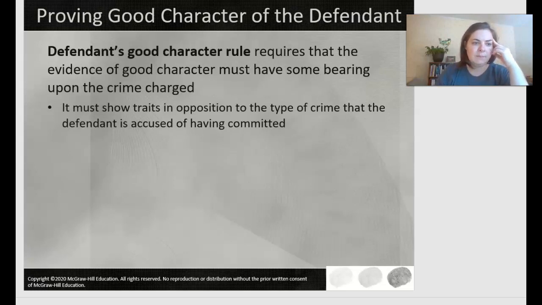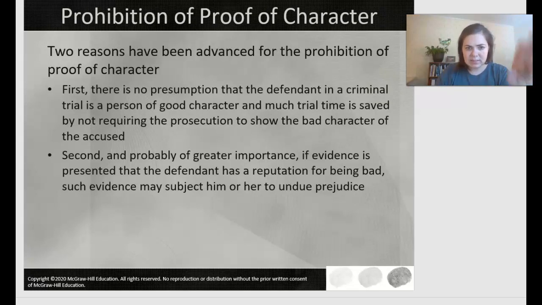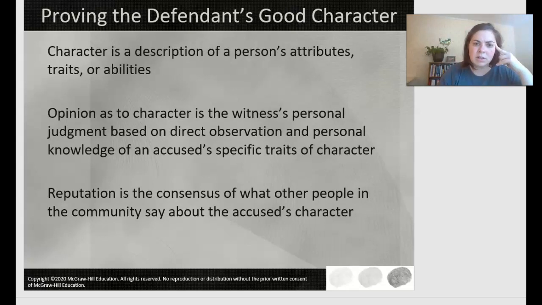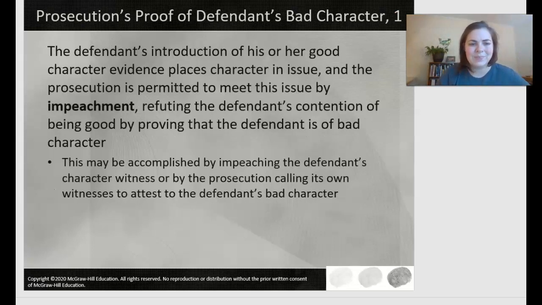Proving good character, this kind of further explains why we don't let character evidence in all the time. Proving the good character of the defendant can happen in opposition to a crime. Here, the character is your attributes and your traits, and people who have opinion can come in to testify.